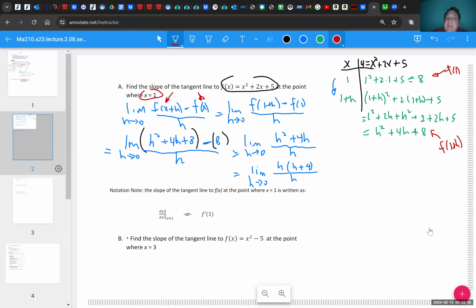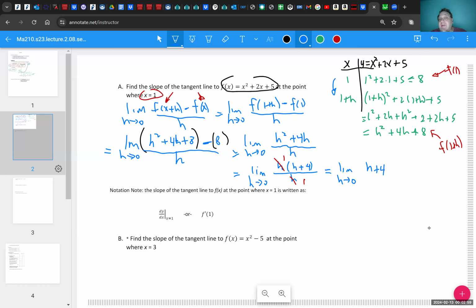We have h on the top, h on the bottom. h divided by h is 1 over 1. And multiplying or dividing by 1 does not affect a value. So those ones essentially just get absorbed or cancel, as I've heard many people say. But they just get multiplied. So we have h plus 4 on the top, and we don't have anything on the bottom.